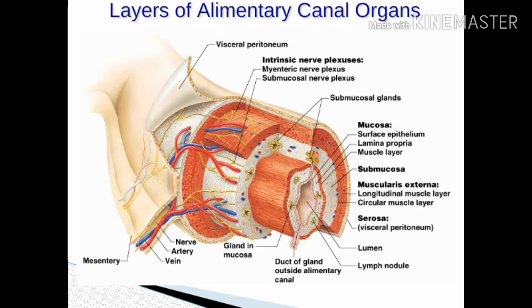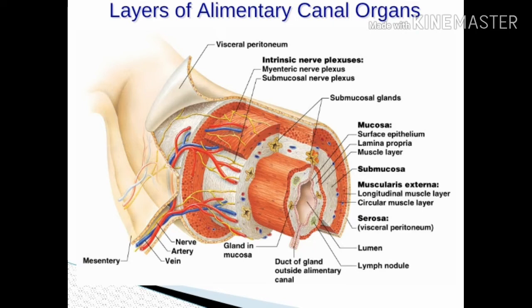Like the submucosa, the muscularis contains nerves organized into a plexus called the myenteric plexus. This plexus lies between the two muscle layers. The term intramural plexus is used to describe both plexuses. Together, they play an important role in the regulation of digestive tract movement and secretion.